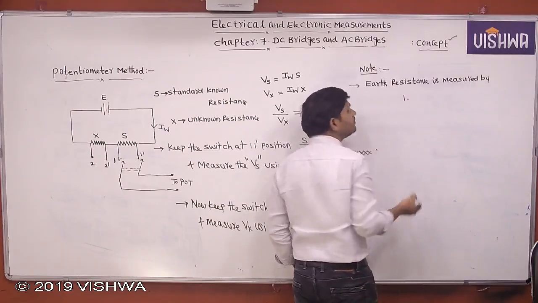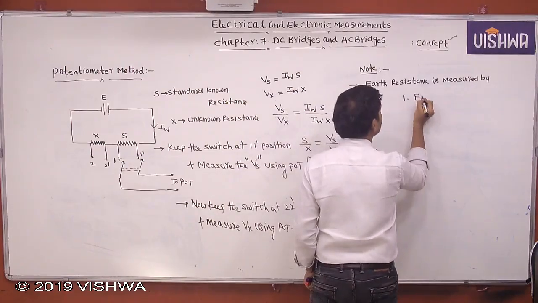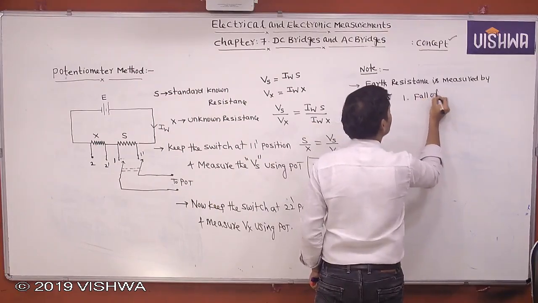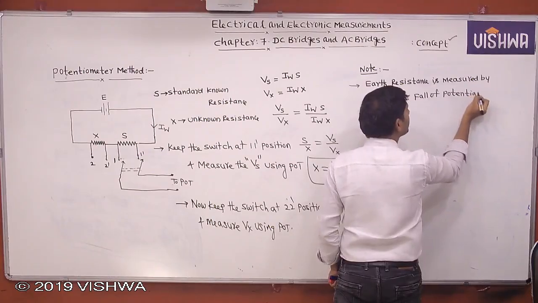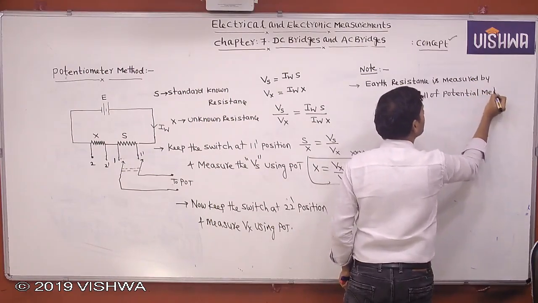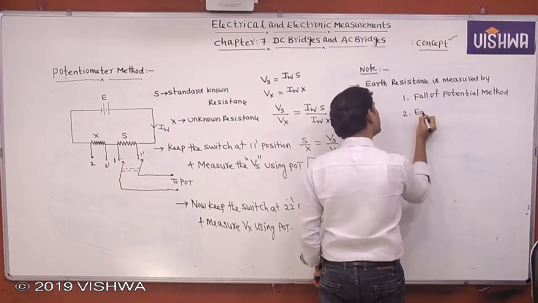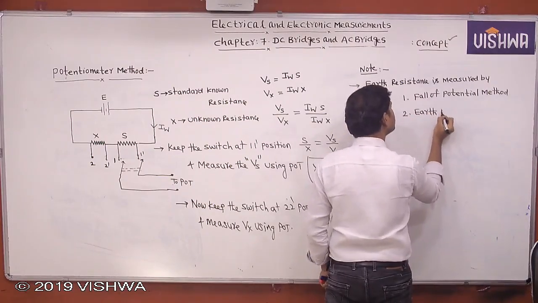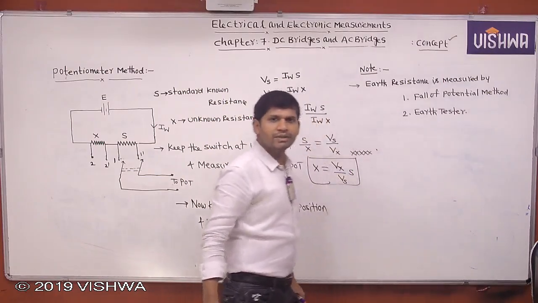One is the fall of potential method. This is one method we can use. And another one is the earth tester. Fall of potential method and earth tester.